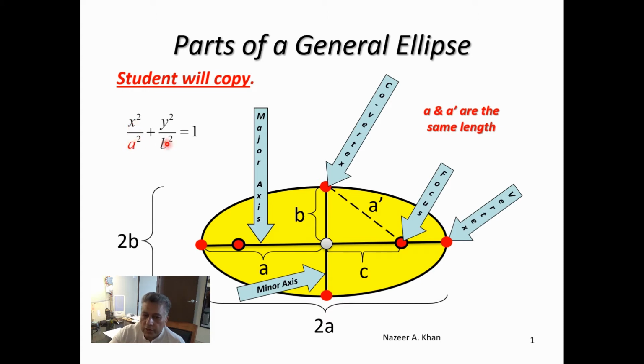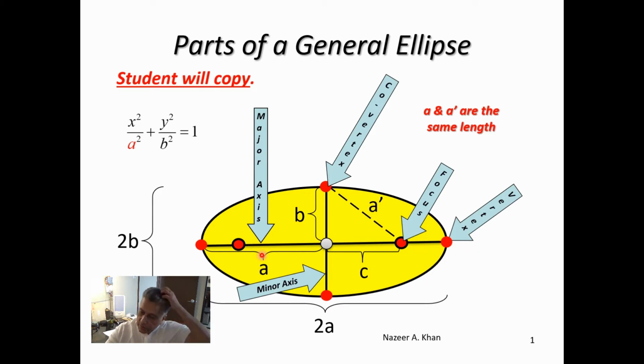So the orientation will be dependent on what the values are. If this happens to be 25, this happens to be 16, then you have a major axis that is larger on the x-axis, so it's horizontal.